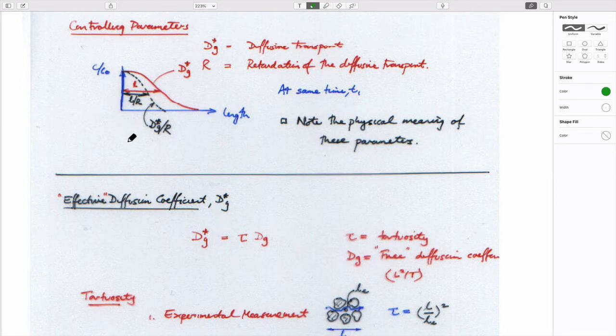But if we look at diffusion only, then you could imagine that, for instance, this source that you have in the system is able to diffuse away, and the meaning of the retardation coefficient is exactly the same as before, and that is the form of this concentration distribution away from the source. It will look like this at one particular time.